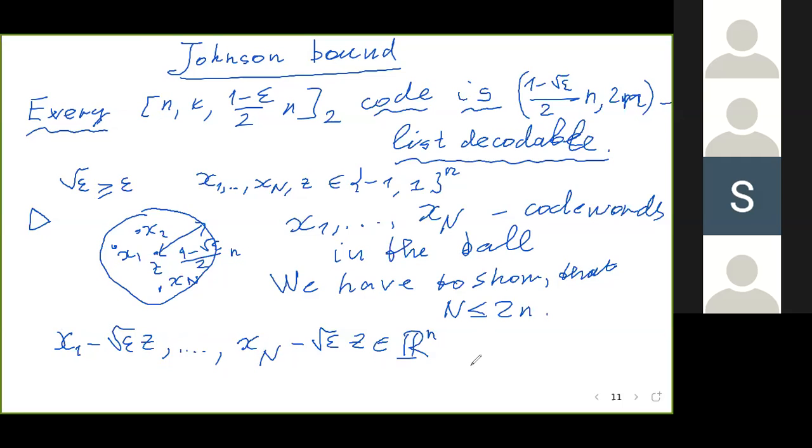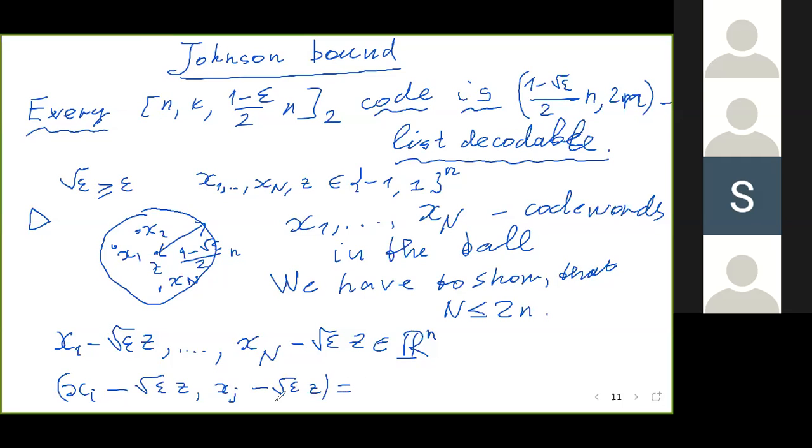And we need to compute pairwise inner products and to show that they are non-positive. So let's compute them. (xi minus square root of epsilon z) multiplied by (xj minus square root of epsilon z).